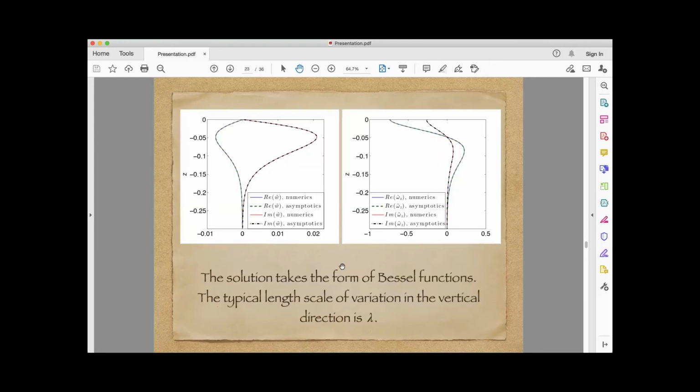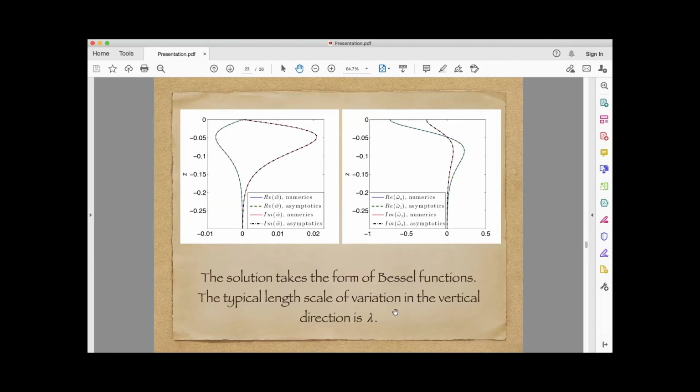So here I showed some typical form of the solution. So this is the unstable mode. I show some typical form of the unstable modes, and these are some Bessel functions. And a typical vertical variation is actually of the order lambda. So it's not an instability which is driven in the boundary layer. It's actually an instability in the bulk, because the typical variation is of the order lambda.